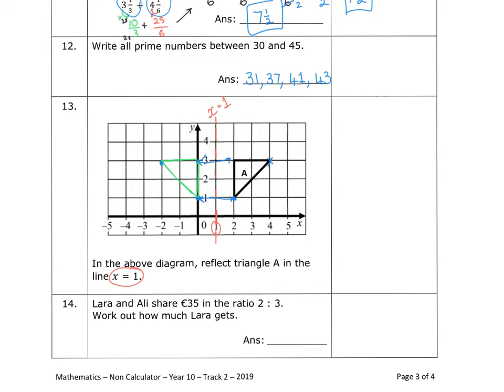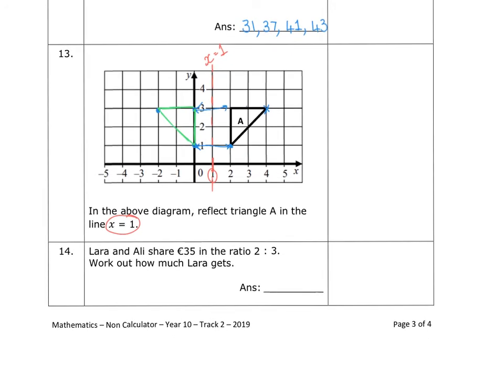Question 14. Lara and Ali share 35 euro in the ratio 2:3. Work out how much Lara gets. So we've got the ratio 2:3. We're sharing 35 euro. Now if we add 2 plus 3, we get 5. Now if we divide 35 euro into 5 different parts, each part will be 7. So if Lara has 2 parts, that means 2 times 7.